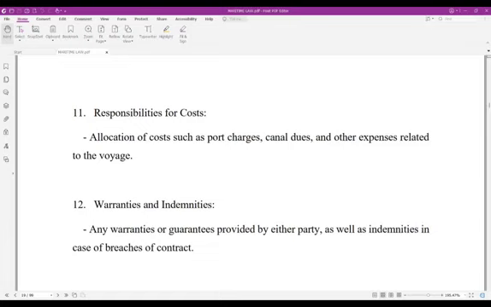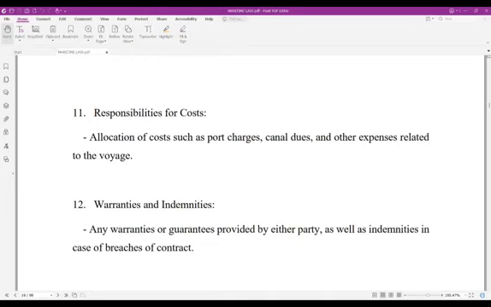What this tells us is that there are certain responsibilities that will be borne by the charterer. This includes the port charges, the canal dues, and other expenses related to the voyage. All these are carefully stated in the terms of contract before their execution.